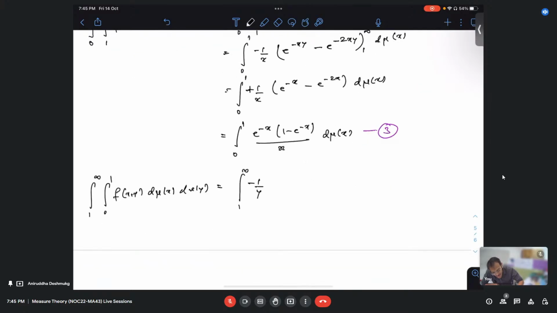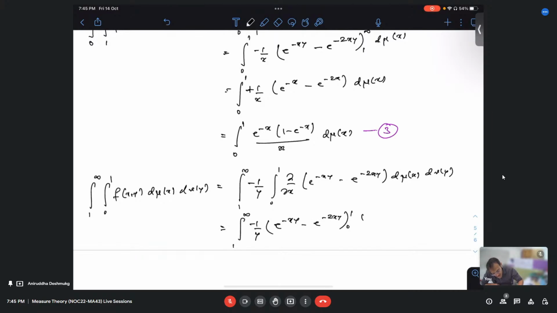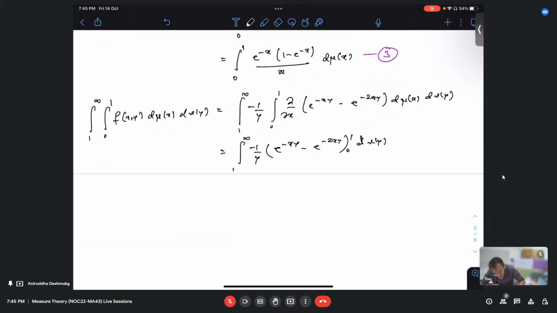It is minus 1 over y, integral 0 to 1, derivative of e to the power minus xy minus e to the power minus 2xy, d mu x, d nu y. And then using a similar technique, minus 1 over y, e to the power minus xy minus e to the power minus 2xy from 0 to 1, d nu y. But this time it is not really 0. So at 1 we have something.